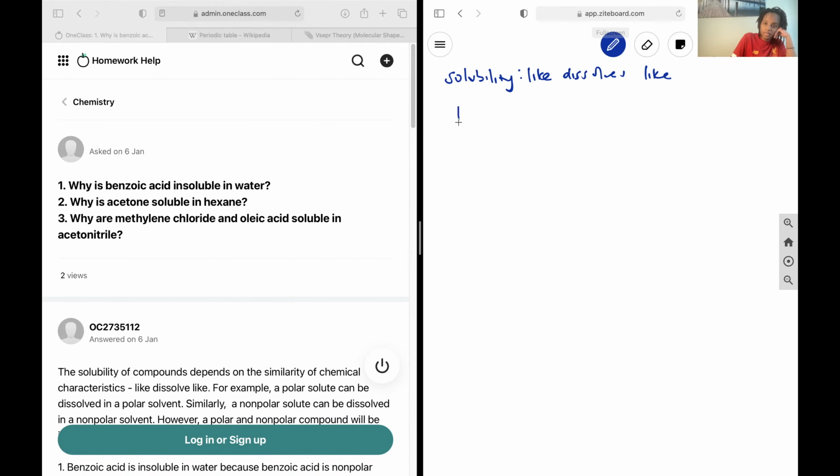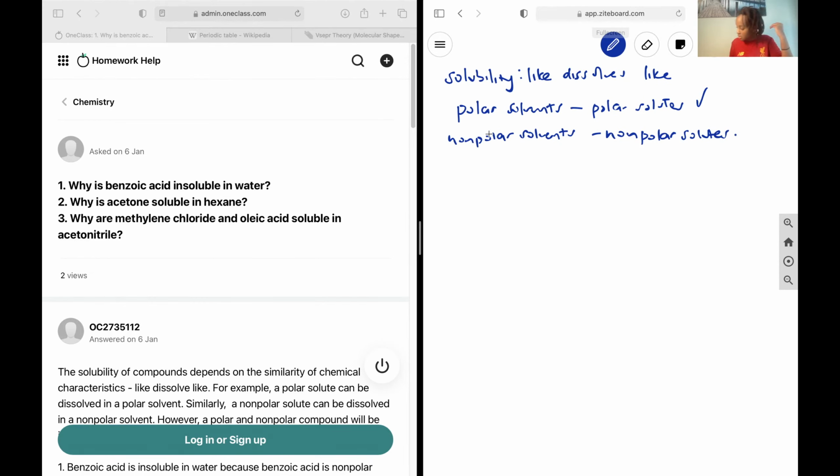And so what that means is polar solvents will dissolve polar solutes, and nonpolar solvents will dissolve nonpolar solutes.